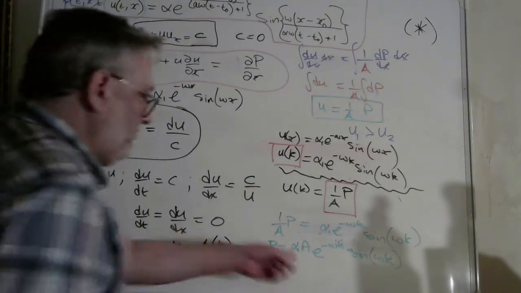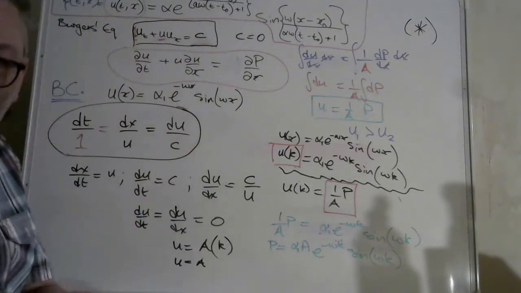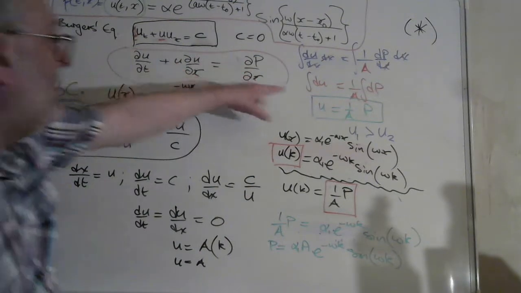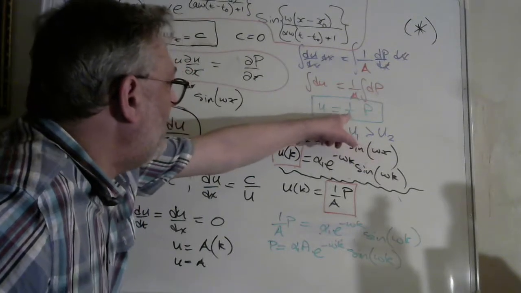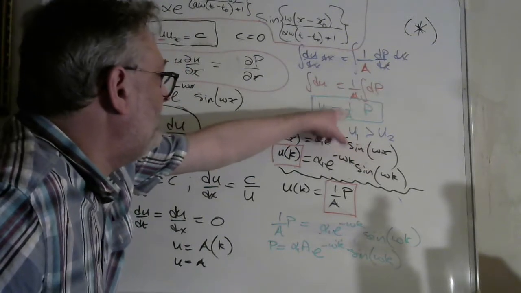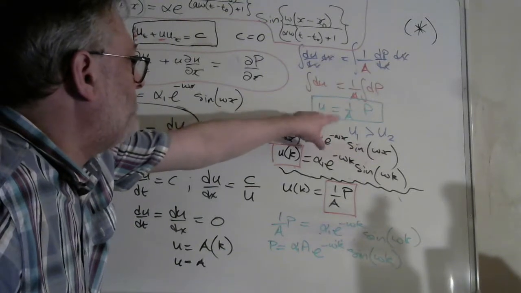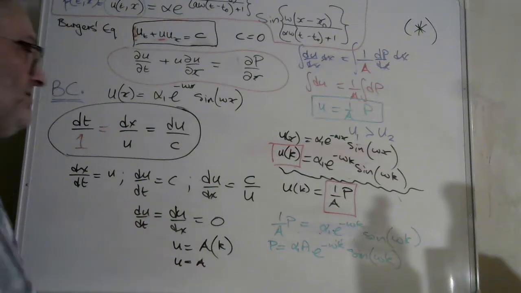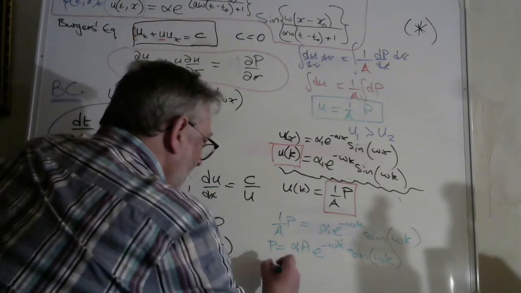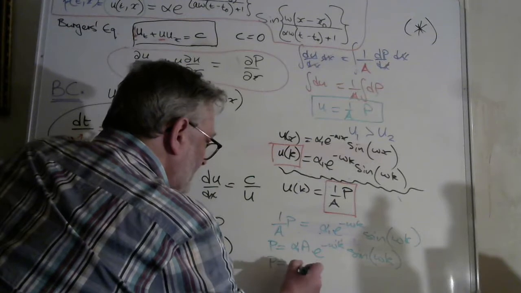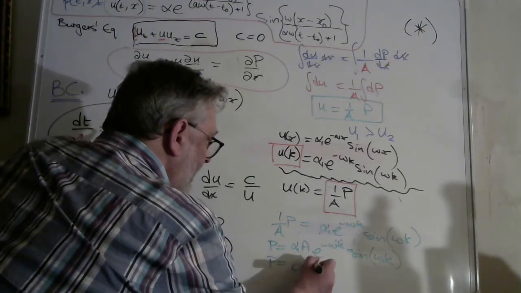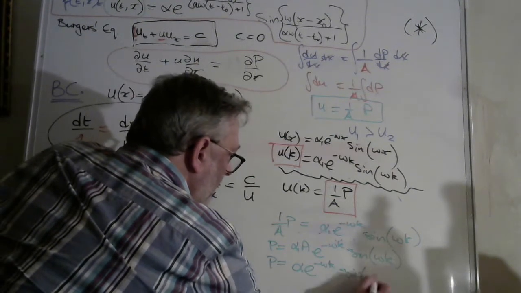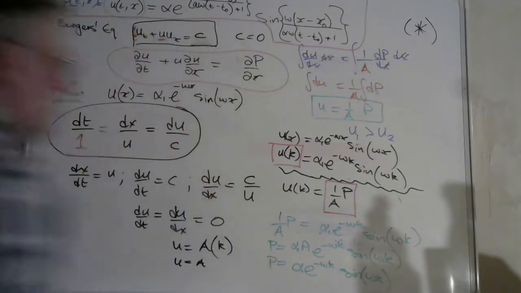And of course, you remember when I said that if we have a minus sign in that term there, we would end up with the minus sign in the constant term there. So we normally would have u equals minus 1 over a p. But the thing is, you can absorb that minus sign into the constant term, and we can just rewrite the whole thing as p equals alpha e to the minus omega k sine omega k, right?